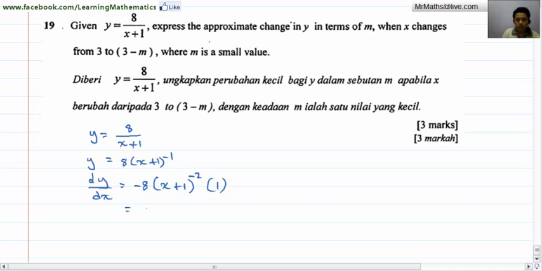That is basically minus 8 over (x + 1) squared. This is also the same as writing limit as delta x approaches 0 of delta y over delta x equal to minus 8 over (x + 1) squared. This is the more raw form.